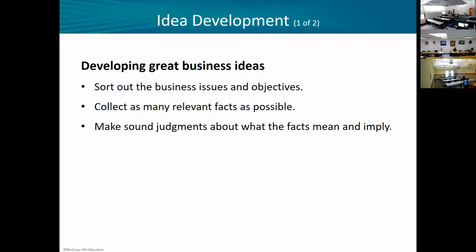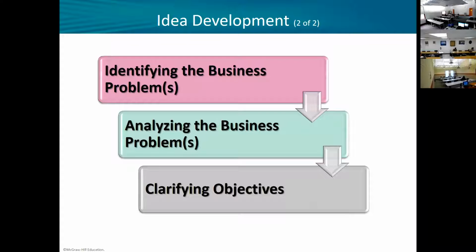All right. So business ideas get developed by sorting out your issues and objectives, collecting your facts, and making judgments about what the facts mean and imply. So as you are getting ready to communicate this idea through some business message, you need to be able to identify the problem, analyze the problem, and clarify your objectives.